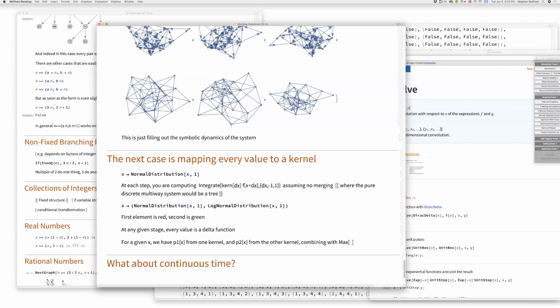So my presumption is that the continuous time limit will imply the continuous branch limit. Oh, I'm sure that's true. But the question is, what kind of mathematical system is it in continuous time?